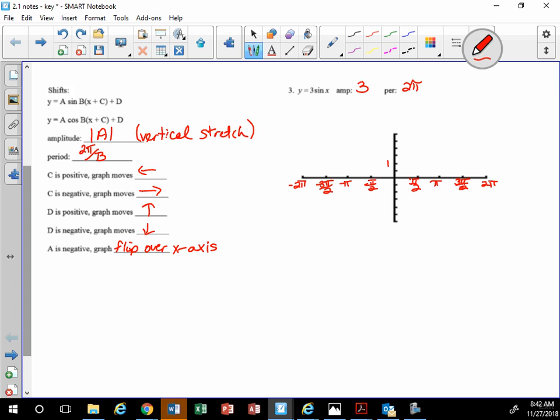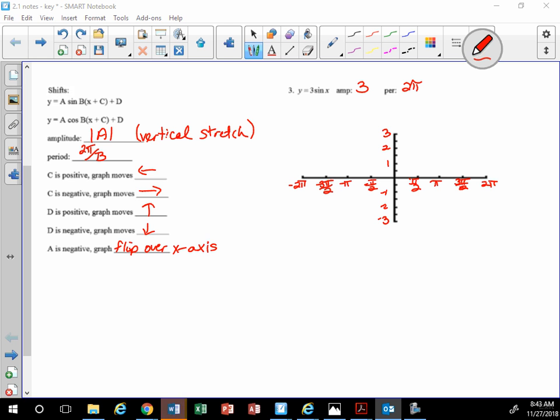On the y-axis, I'm still going to go by 2s. What do you think is going to look different from the parent graph? It's going to get taller, right?